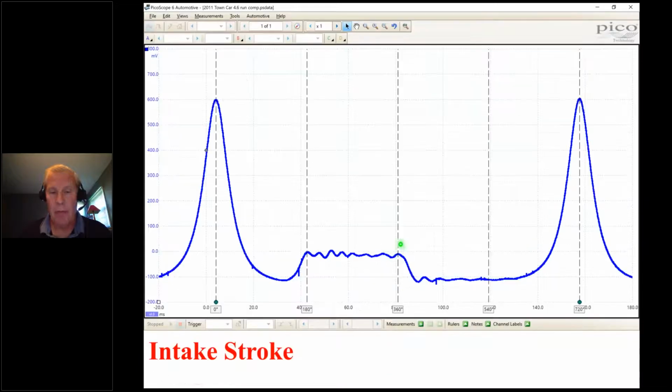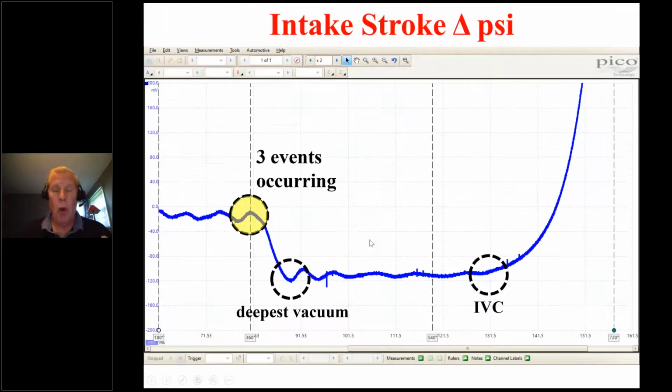This is right here. You will notice that I will not provide any kind of spec or guideline for when an exhaust valve is supposed to close or when an intake valve is supposed to open. Because in my mind, this is a very difficult thing to do. And let me explain why. You'll see here, I say there's three events occurring.